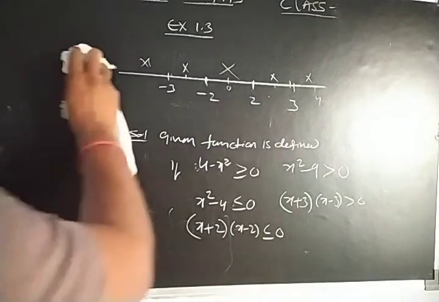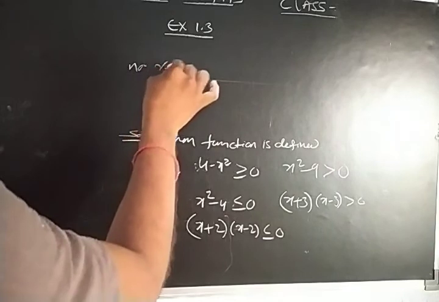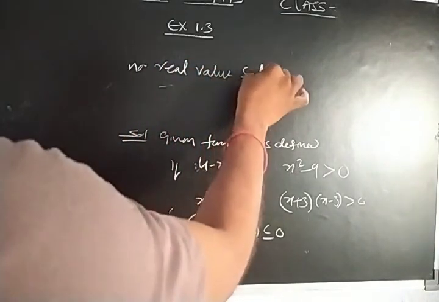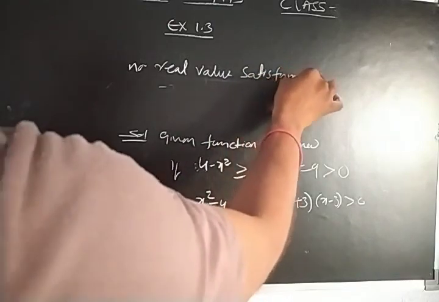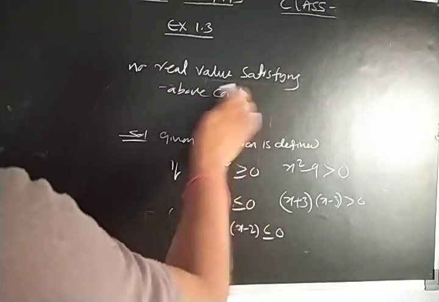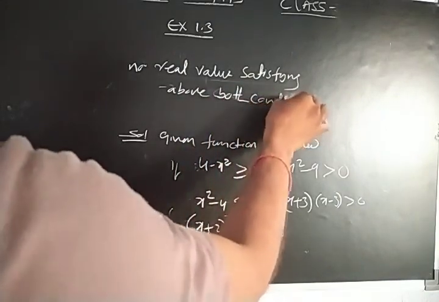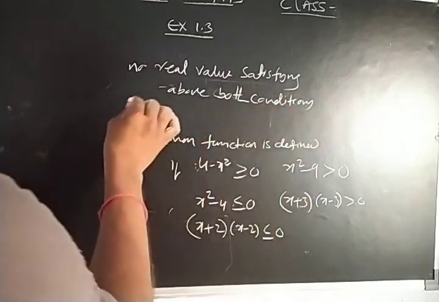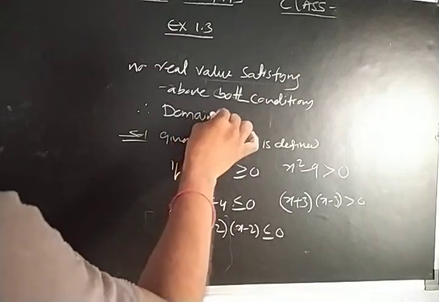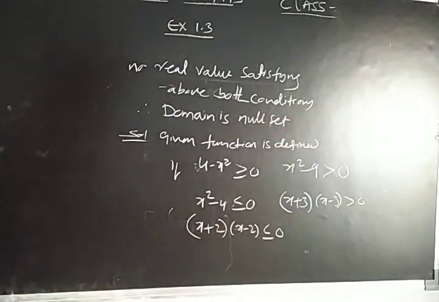The domain is the null set. You write here: no real value satisfying both the above conditions. Therefore the domain is the null set. Okay, right.